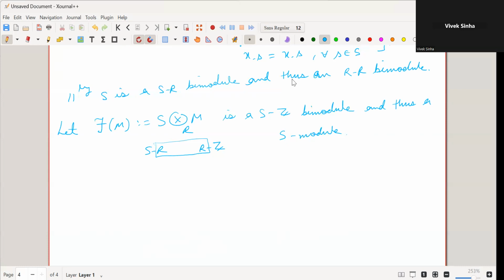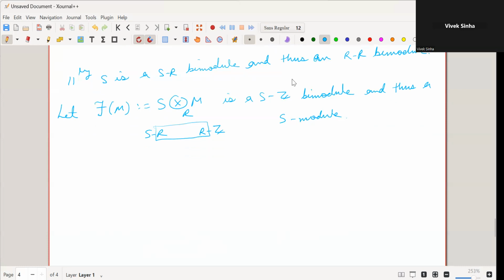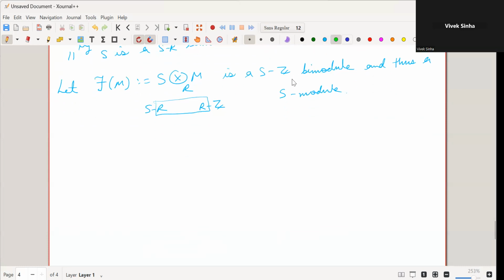Now there is something still one should know. I will just write. So say F of M, S tensor M, is obtained by extension of scalars from M. And how is it obtained?